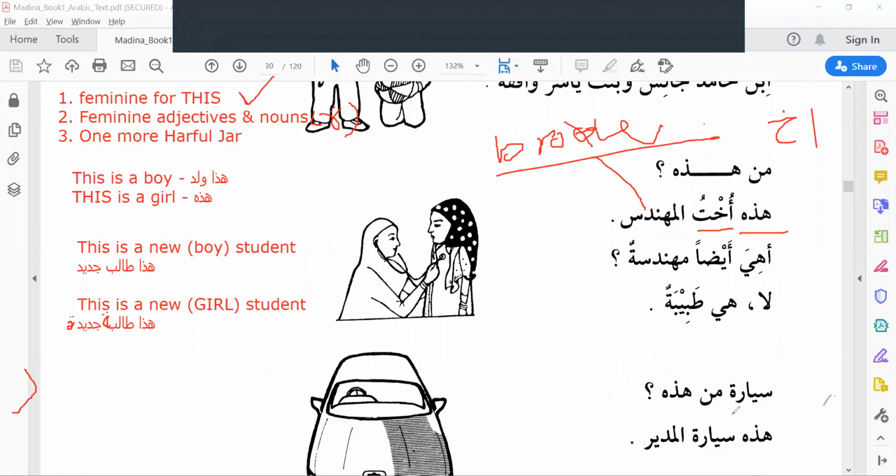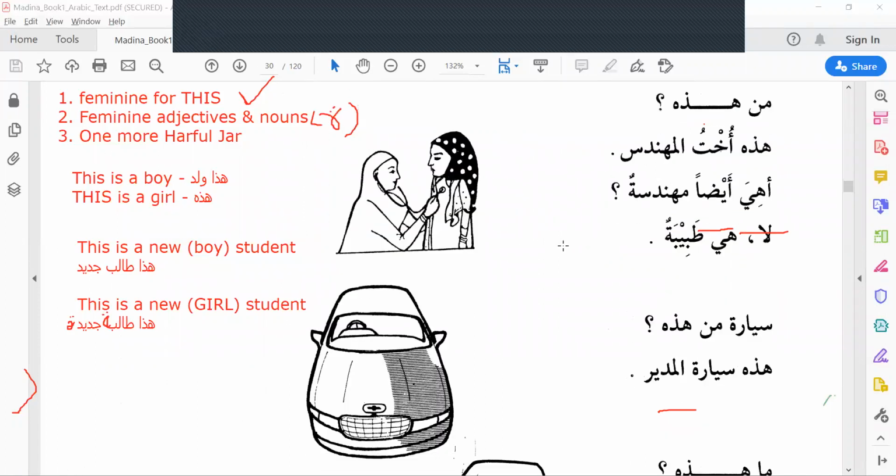Okay, next. Here we are using hadihi for irrational things. In the previous example, we used it for rational beings: ukhtun, bintun. Now we are going to use hadihi for irrational things.